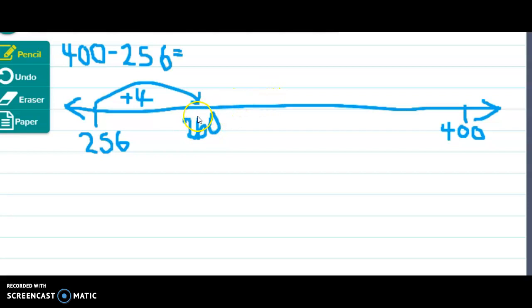I have 260, so now I'm going to add 40, because I know that 60 plus 40 equals 100. So plus 40 equals 300.